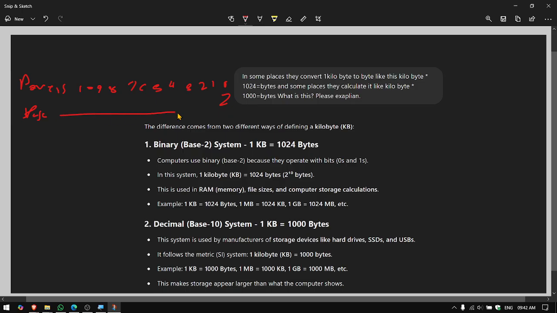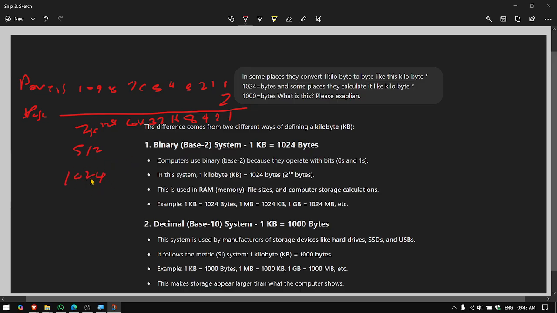Then we will see the answers. 2 to the power 0 is 1. 2 to the power 1 is 2. Then 4, then 8, then 16. Likewise, it's expanding: 32, 64, 128, then 256, then 512, then 1024.